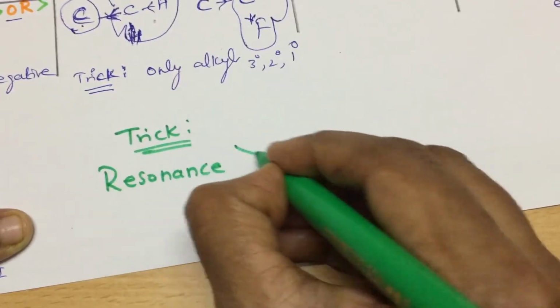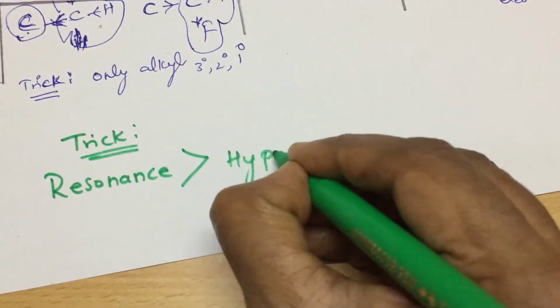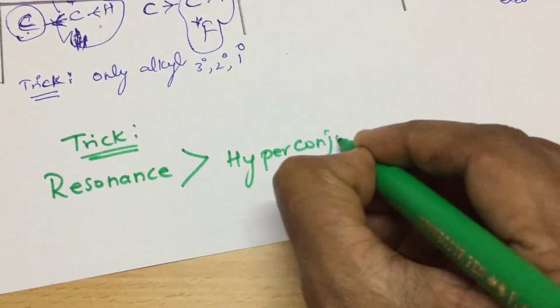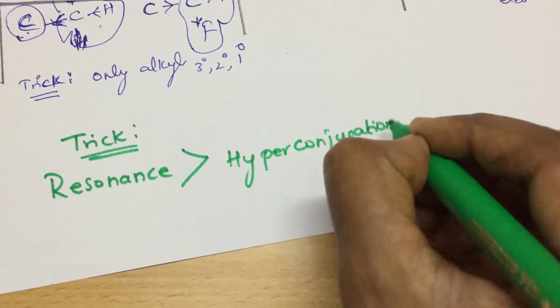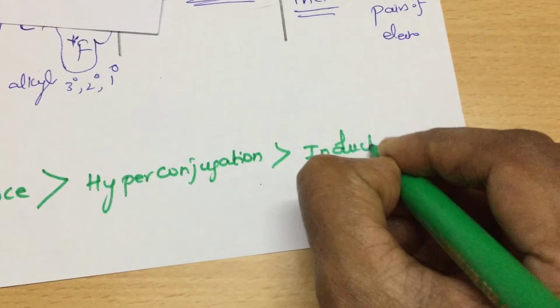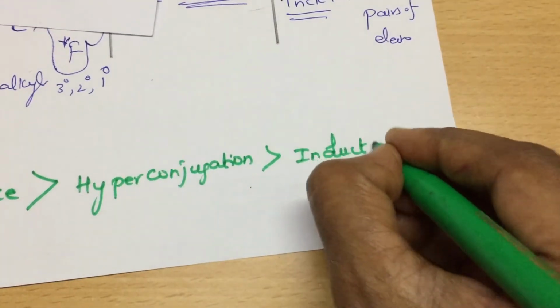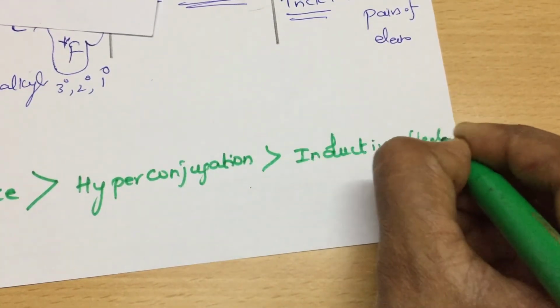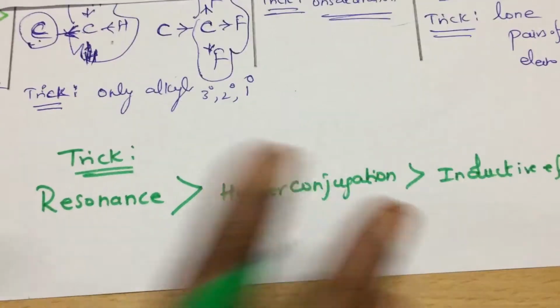The resonance factor is a dominating factor. Hyperconjugation I have explained in detail in the previous video. I will give you the link, please follow that. Then the inductive effect. So these two effects will overshadow the inductive effect. So you have to give preference in this order. We will do a lot of problems, so this will become easy, how to apply this.